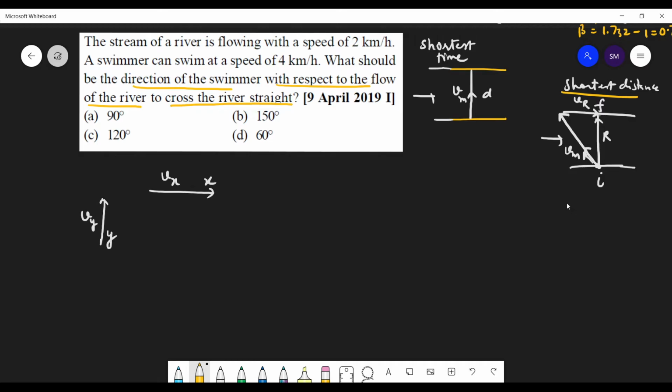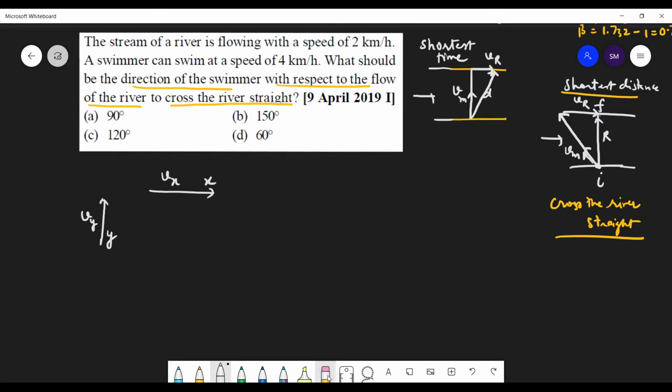Swimming straight is this thing, but crossing the river straight is this thing. Here he is swimming straight, but the flow of the river is this. So that's the velocity of the river. So obviously he will come out at this position.